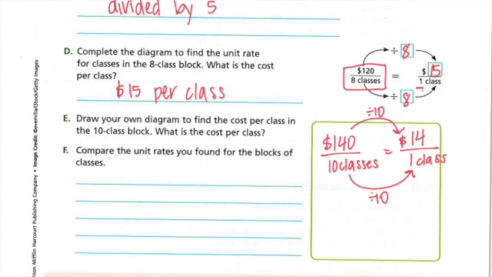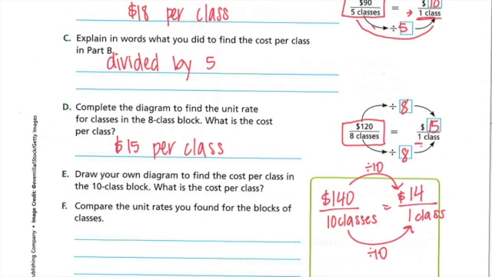All right, so if we compare the unit rates, we found that if we buy 5 classes, it's $18 a piece. 8 classes, it's $15 a piece. And 10 classes, it's $14 a piece. So that's what we're going to say. 5 classes cost $18 per class.